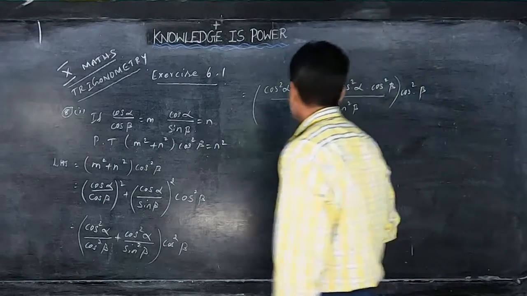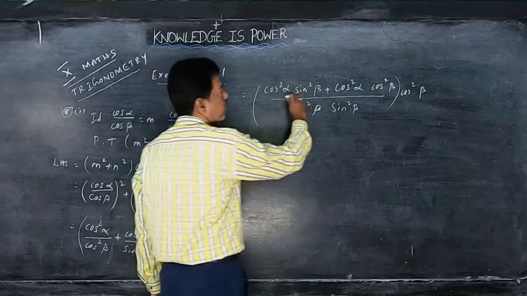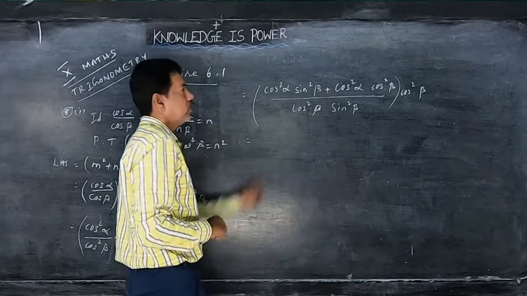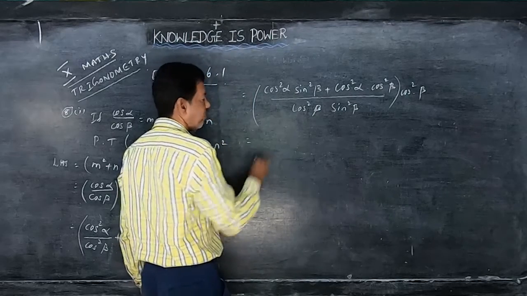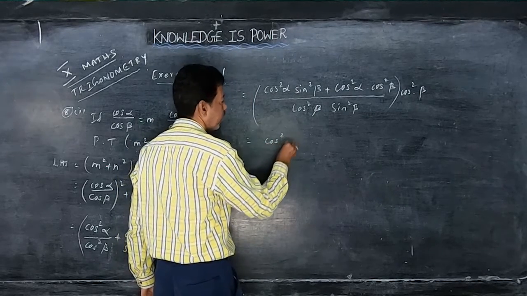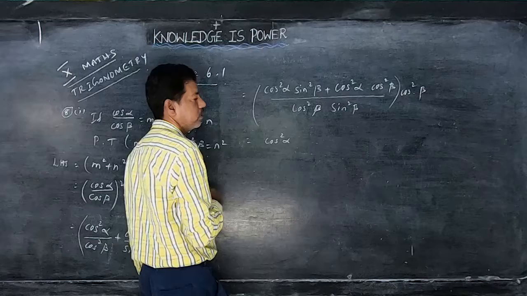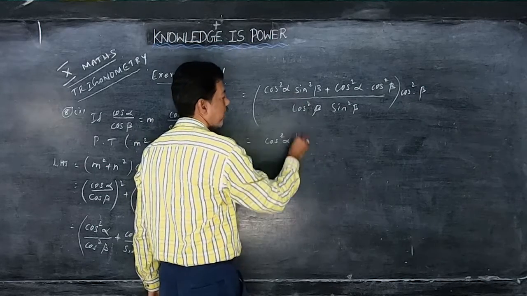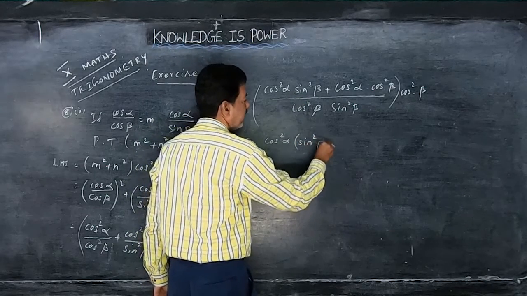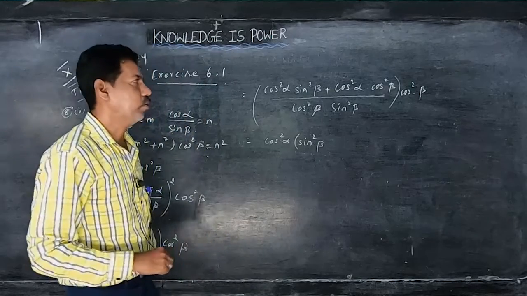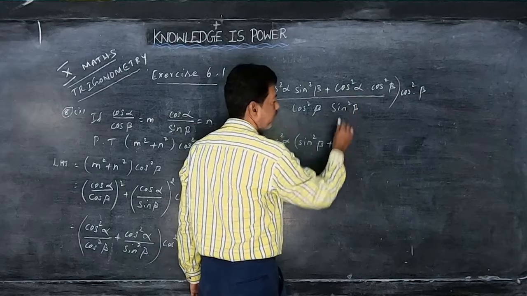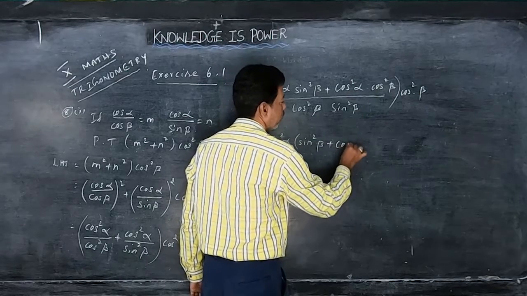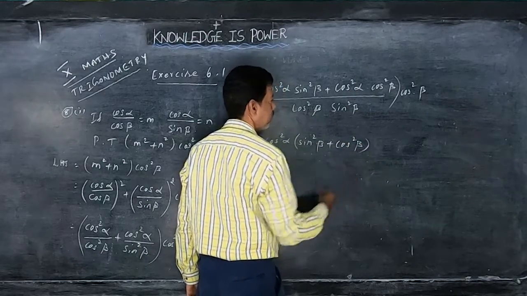Listen carefully. From these two terms, which one is common? Cos square alpha is common. What is the balance in the first one? Sin square beta. What is the balance in the second one? If you take cos square alpha as common outside, the balance will be cos square beta.